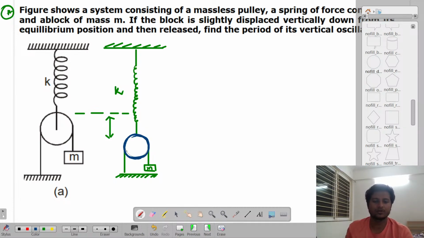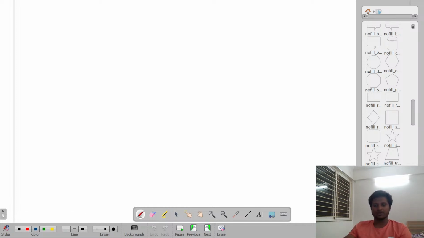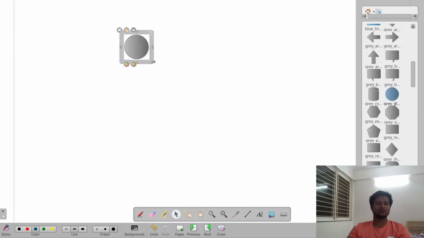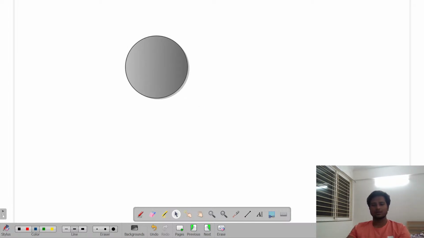ठीक है, चलो बनाते हैं इसको, है ना? Let us just try to see, if there is a pulley, and let's suppose there is a thread attached with the center of the pulley. These are two threads. Now let us think of one case.